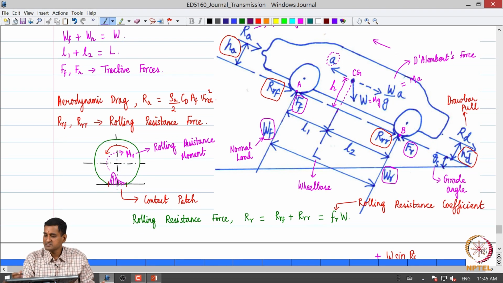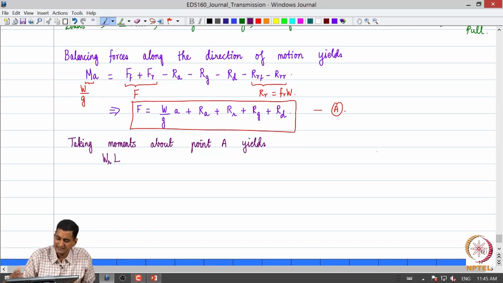When we take moments about point A, no, right, the torque due to all other forces are clockwise, because we are taking moments of all the forces about point A. Please note that the rolling resistance force and the traction force will not have any moment, because they pass through that point, correct, the moment is 0. So, we can immediately see that WR will have a counterclockwise torque, all the other forces will give a clockwise torque. So, let us write them down.